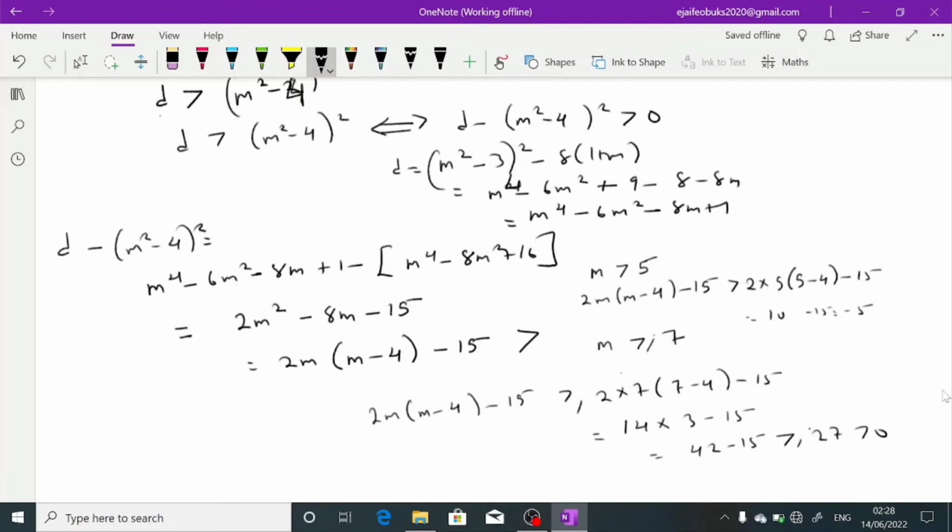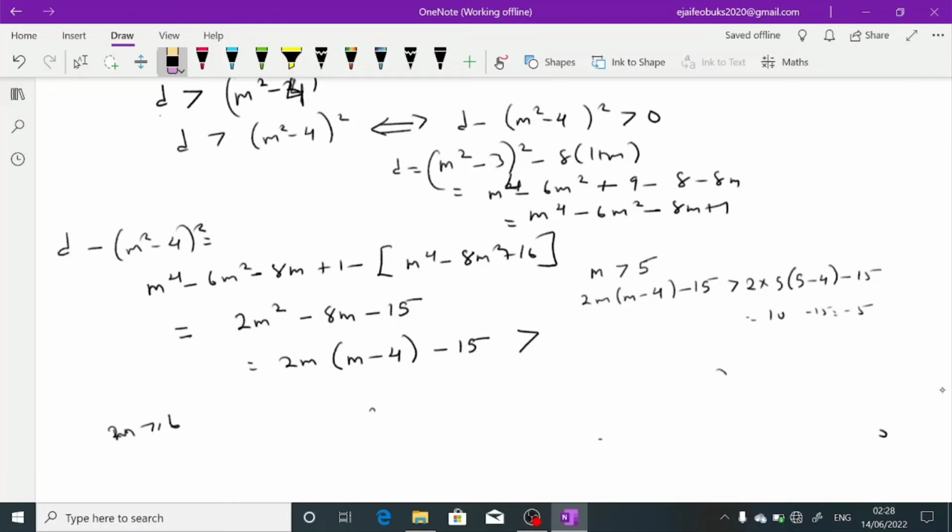I think m equals 6 also works. Let's check. m greater than or equal to 6 in all this.